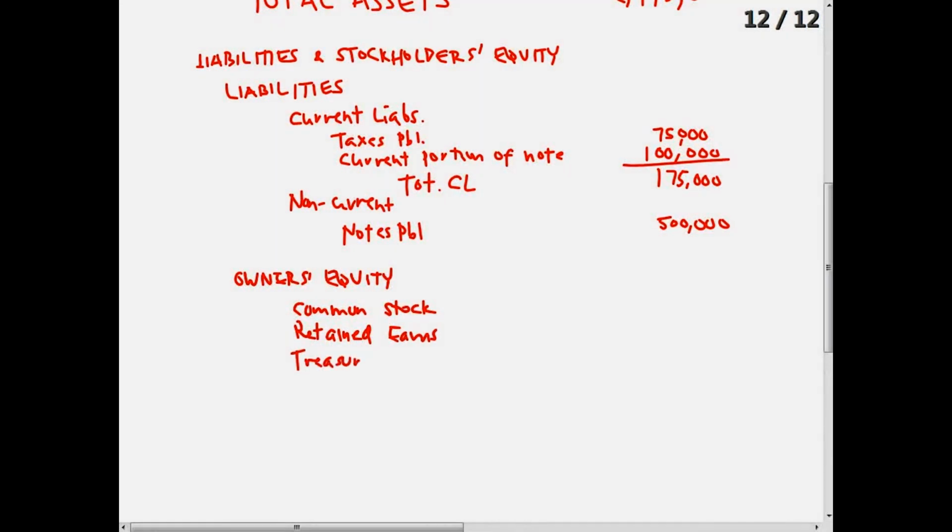And treasury stock. Okay, so what's in my common stock account? 115. Okay, retained earnings? 738. And treasury stock?